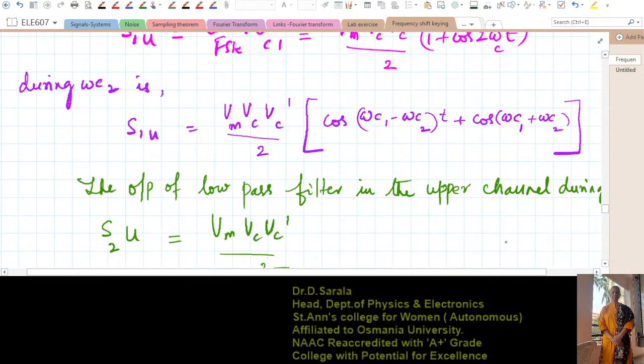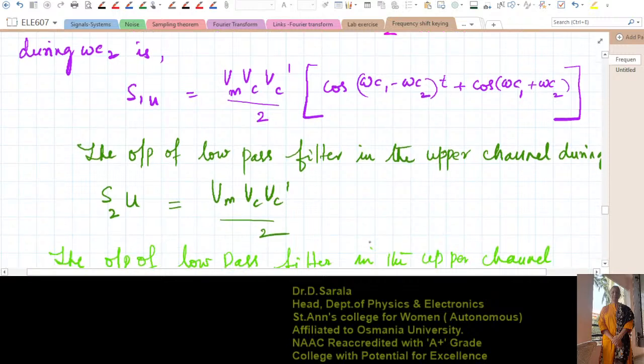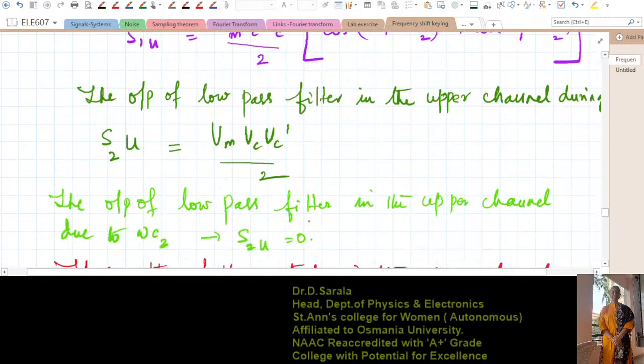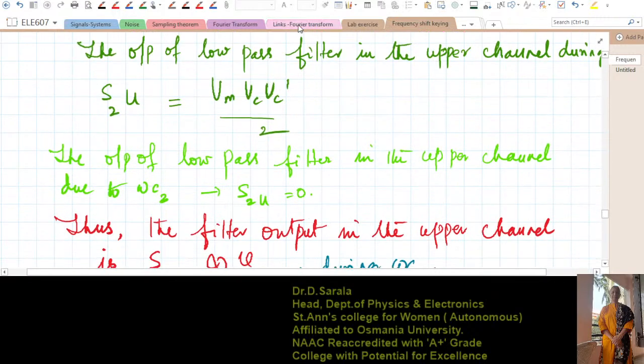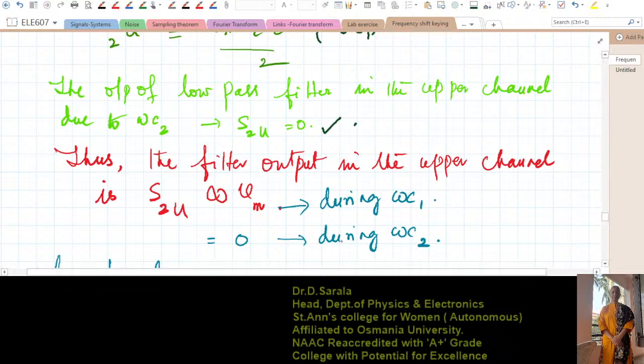So the output of the low pass filter in the upper channel will be given by this, and during this it will be 0. So it is only due to omega C1 that you are getting this, and this will be 0. So the filter output in the upper channel is proportional to Vm during omega C1, and it is 0 during omega C2. Similarly, when you consider S2 lower channel, it is just the opposite.